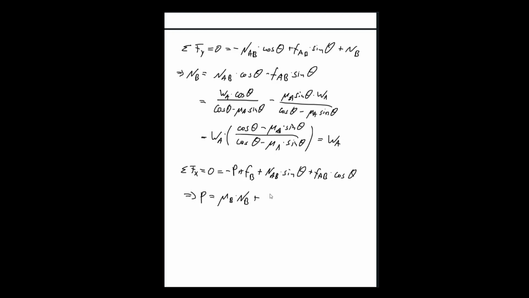Then NAB, we have this long set right here, so that would be WA now times sine theta divided by cosine theta minus mu A sine theta. And then FAB is the same, just a mu A times WA times cosine theta. All of that divided by cosine theta minus mu A sine theta.